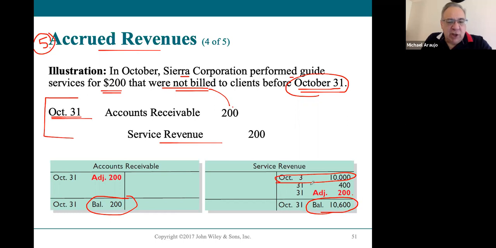But because we are checking and double checking, right, we now have revenue of $10,600. Now that's better because the more revenue there is, the more profit there's going to be. It's also more accurate, more truthful, more faithfully represented. So this is very important, why we have to do all of this.